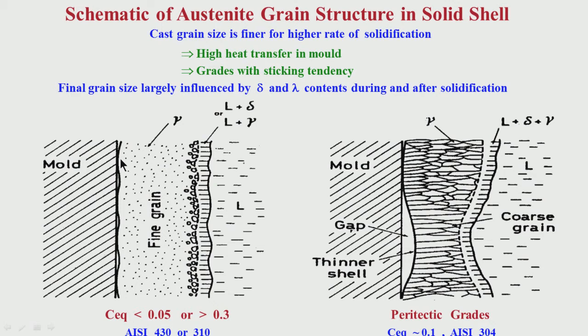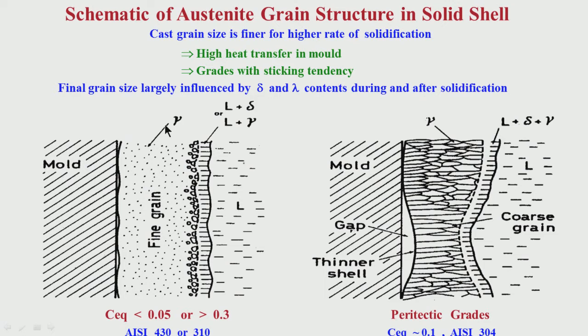And if there is a sticking tendency between the solid shell and the mold, so we have a lot of friction at this interface between the mold and the solid shell. Here this sticking tendency is not there because there is depression, rather heat transfer is low. So, here, because of sticking, you have too much friction.